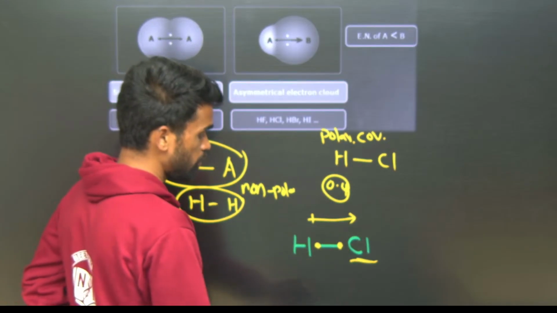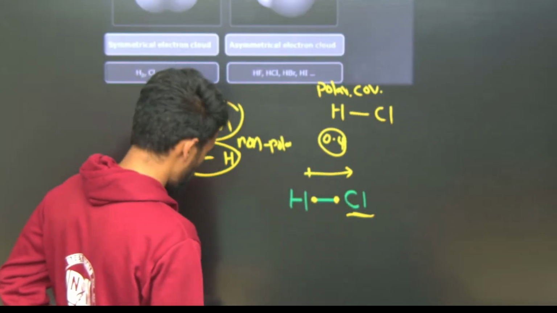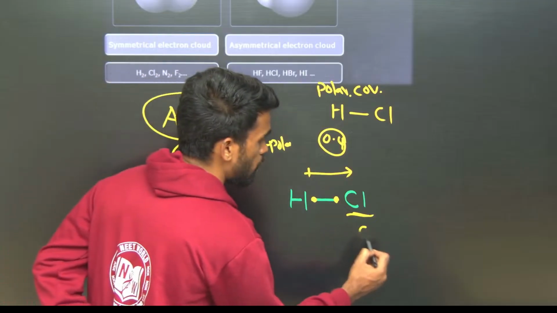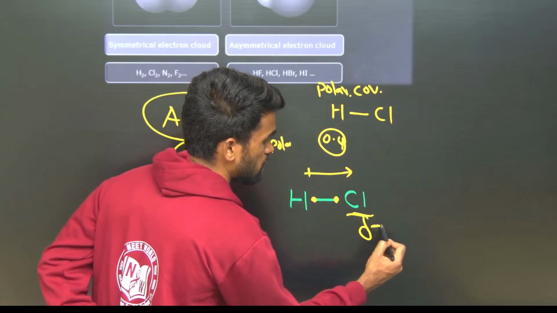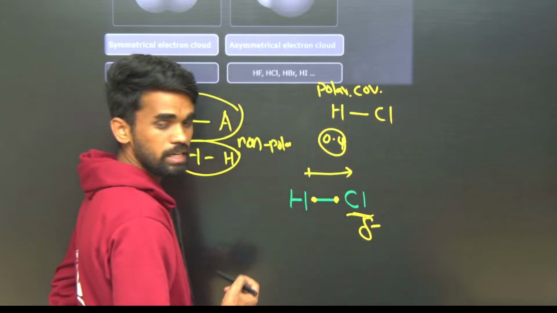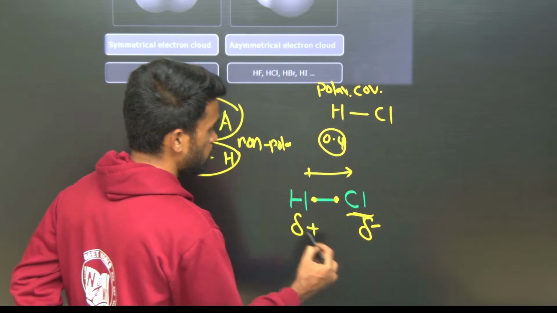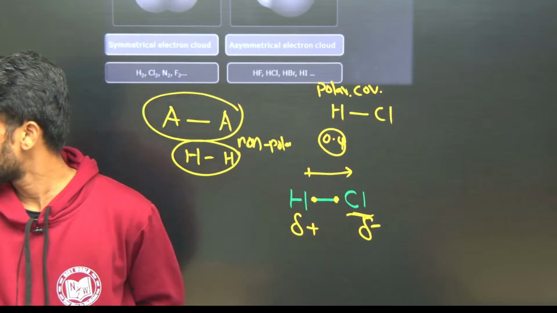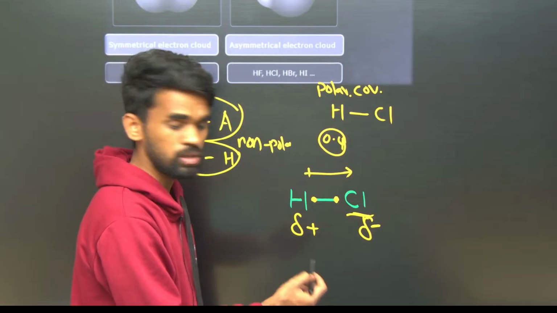That leads to the development of poles. Here we have partial positive and partial negative charge. Wherever electron density is moving, that is written as partial negative charge, the other as partial positive. So these are 2 poles, dipoles are generated. So I can say this is a polar molecule.